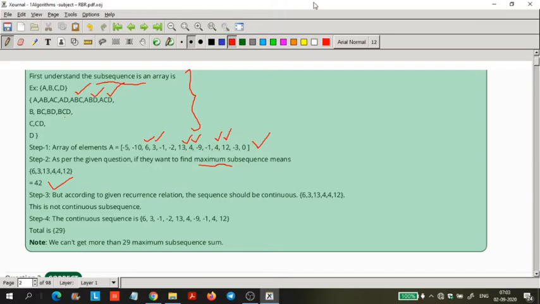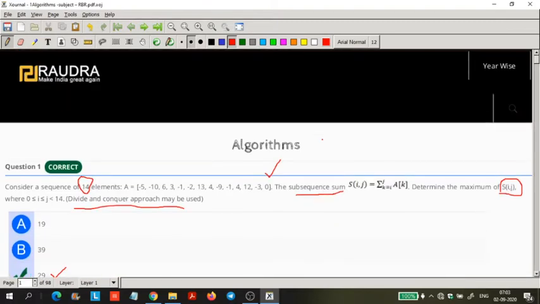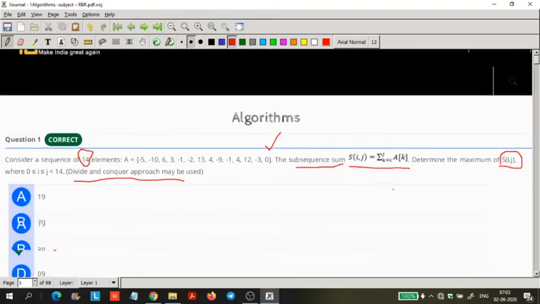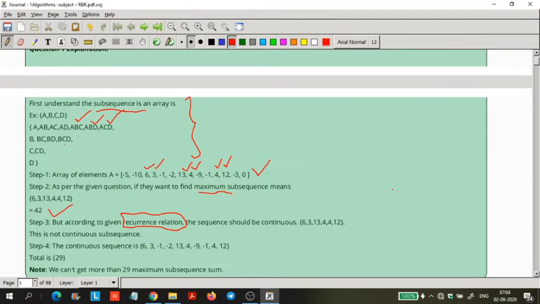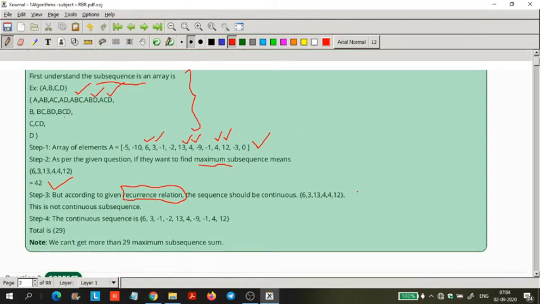But according to the given recurrence relation for S of i,j, the subsequence should be continuous, so 6, 3, 13, 4, 4, and 12 is not a continuous subsequence.